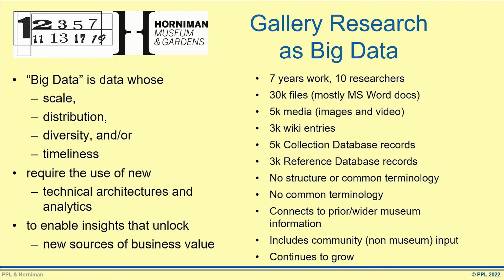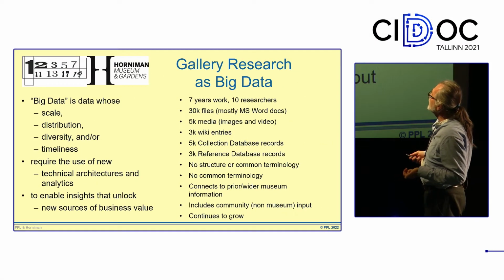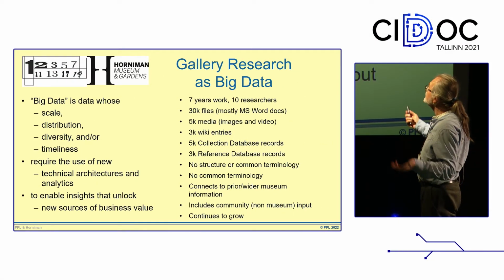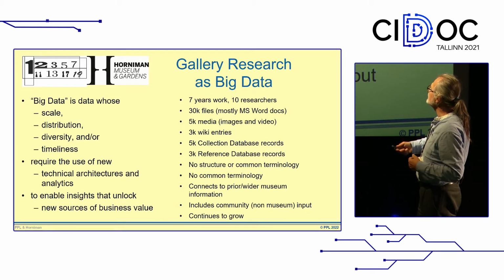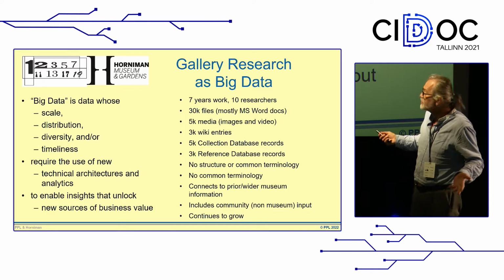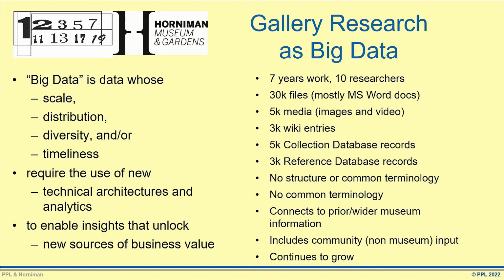That had generated about 30,000 mostly Word documents, with awful file names, like 35 document 47s, and lots of media records that had been gathered together, some of our own, some of other people's. I'll talk about the wiki a bit in a minute. We had the collection database, of course, initially with about 5,000 objects considered for the gallery. And then we had these other reference databases like Zotero and all these other things that had information about the research that had been done. There was no kind of common structure to that. There was no common referencing throughout it.